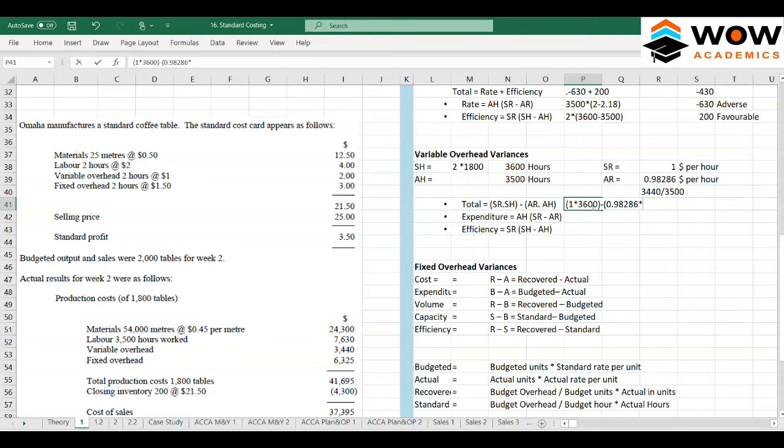So AR into AH, where AH is 3500 hours, again AH, SR minus AR, SR into SH minus AH.